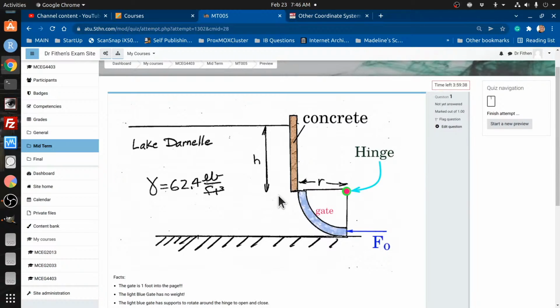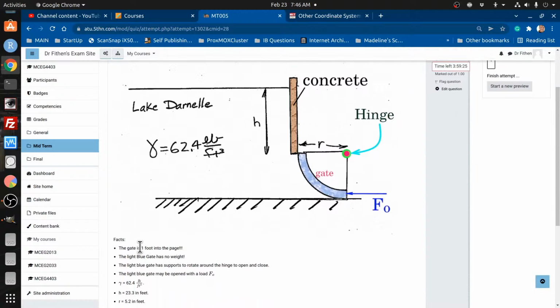So here you have a concrete, and obviously I drew this by hand. Here's Lake Darnell, which I misspelled. Here's a hinge. Here's your gate. Here's a force F0. It's going to be used to push the gate open. And some of the facts. The gate is 1 foot into the page. The light blue gate has no weight, so this has no weight. It's like perfectly balanced, has no weight.